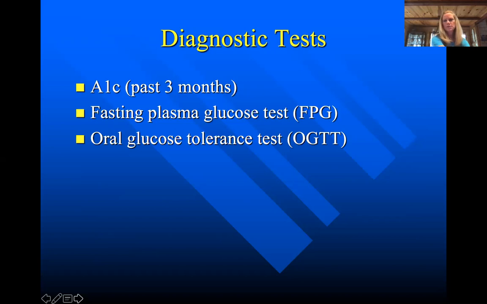Then you drink a solution that has a known amount of sugar in it, so that they know how much should be arriving in your bloodstream. There's enough time for that to digest, they draw your blood again, and then they look at the reaction in the blood glucose levels now that you have fasted but then just fed some pure glucose into the body.